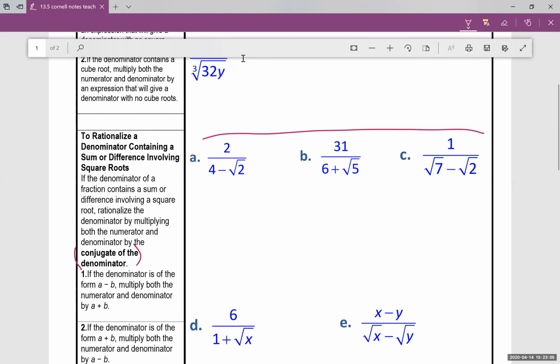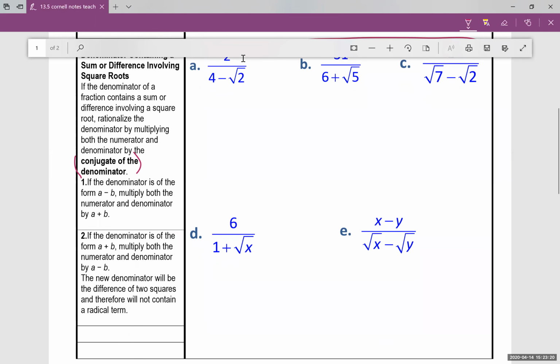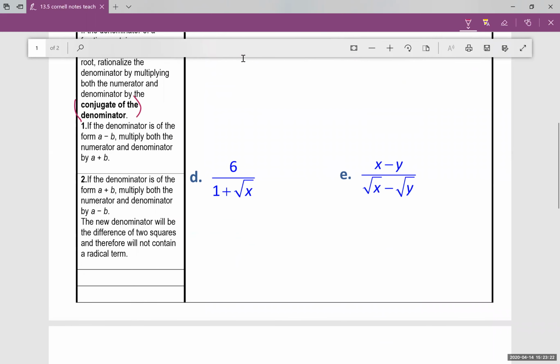These down here below this line, if you look at the denominator, you'll see that there's addition or subtraction going on. So if the denominator is in the form of a minus b, you'll multiply by a plus b. It's kind of like multiplying by the opposite, but they call it the conjugate. So let's make sure we know what that means.